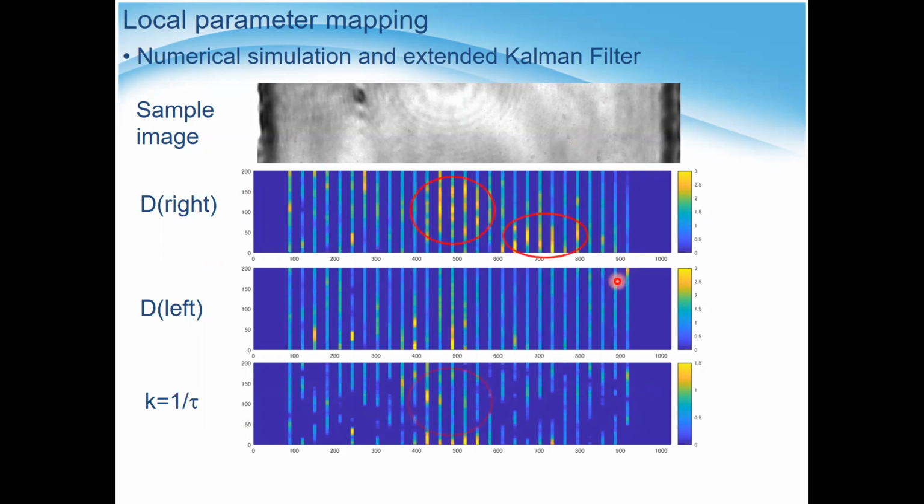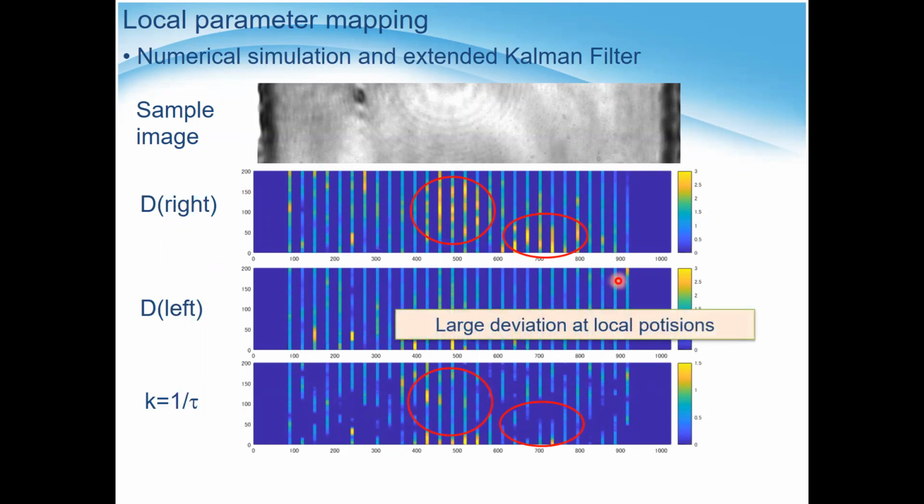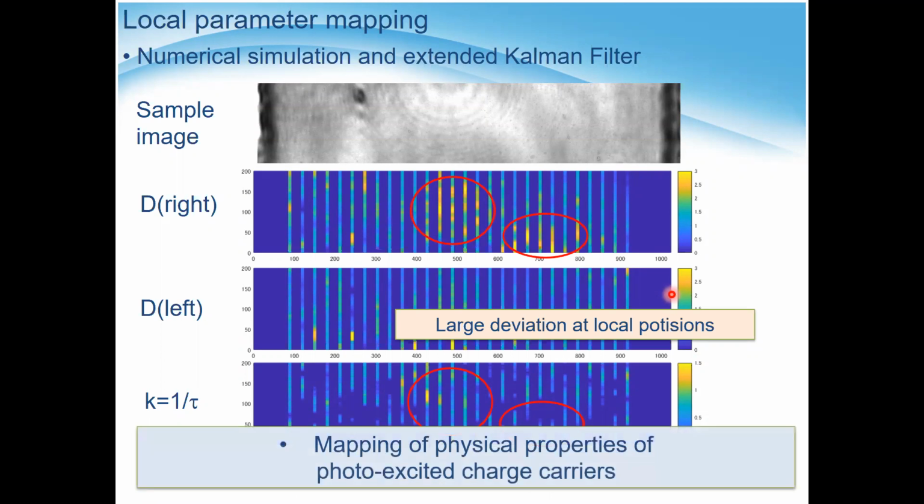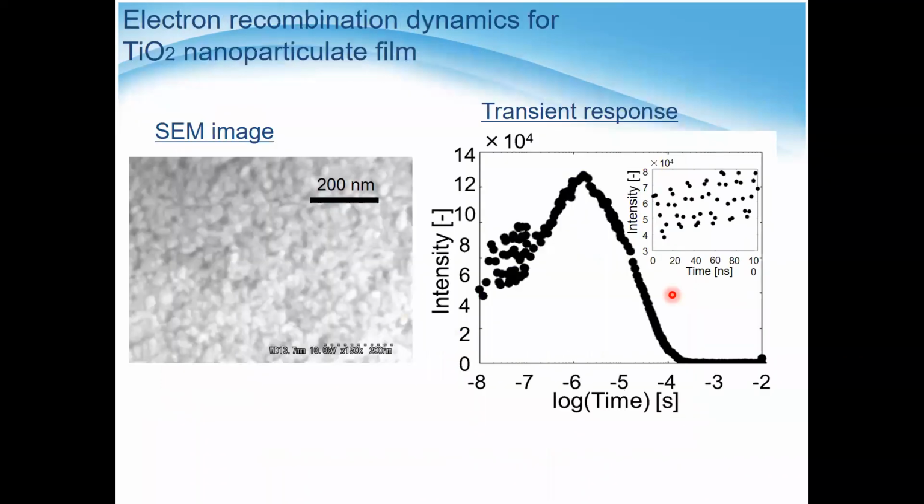So you could see that it is very inhomogeneous actually, and it supports our assumption that particulate films have many varieties of the physical parameters. So we can map out these physical property values.